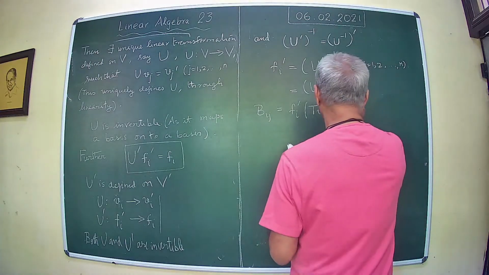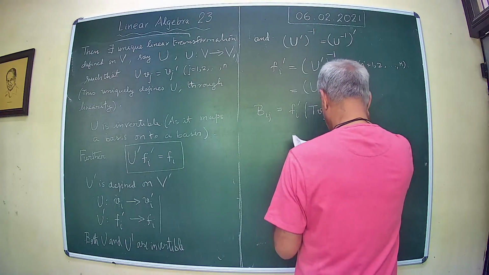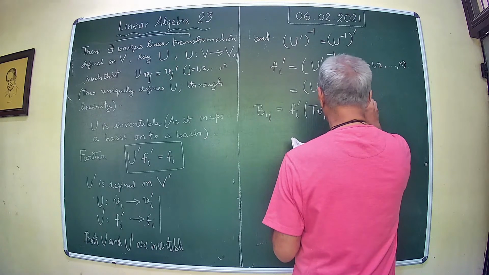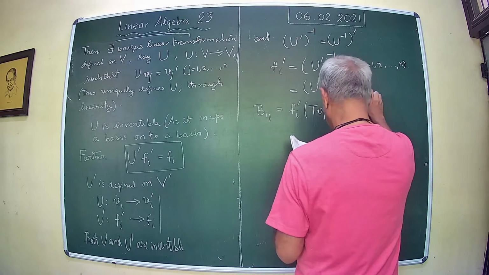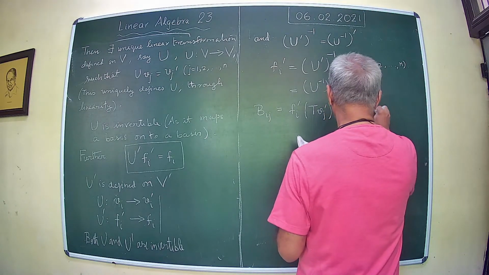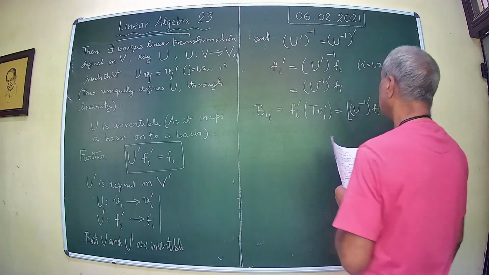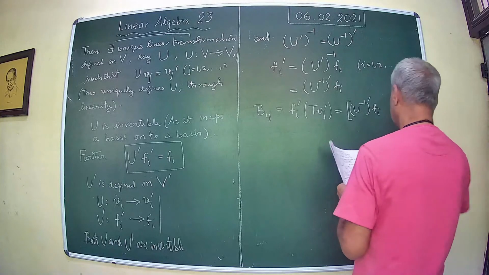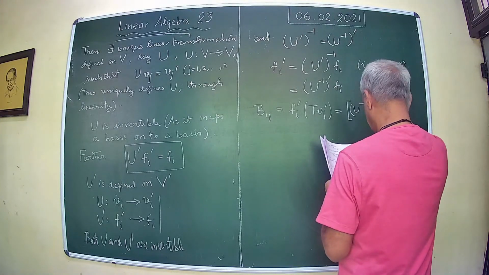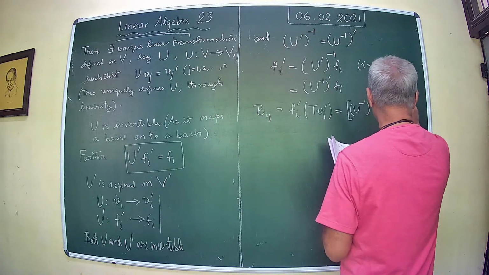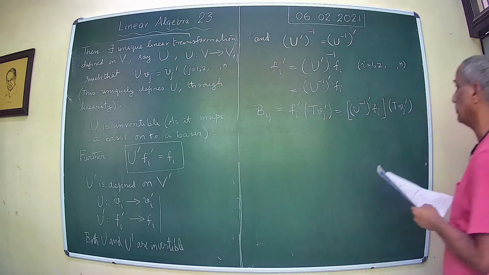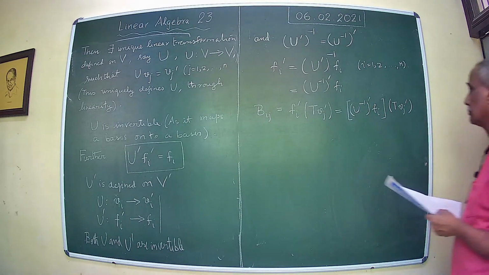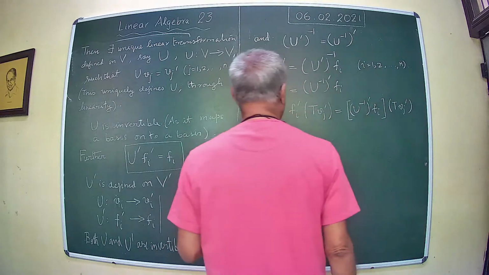Therefore, this is equal to U inverse prime of Fi, I have used this, acting over T Vj prime. That's the definition of Fi prime.